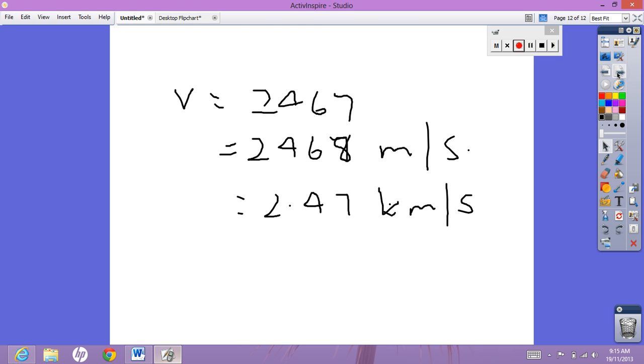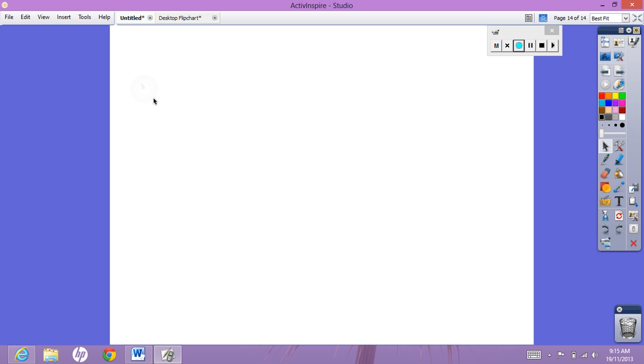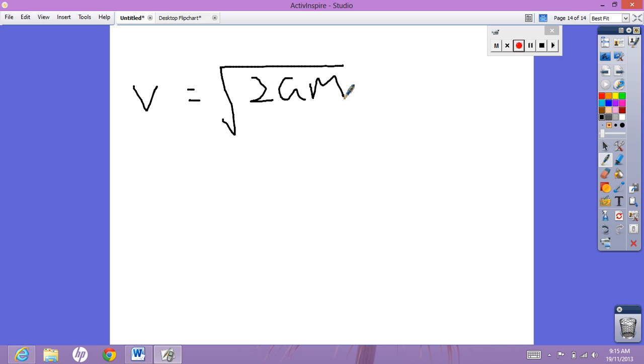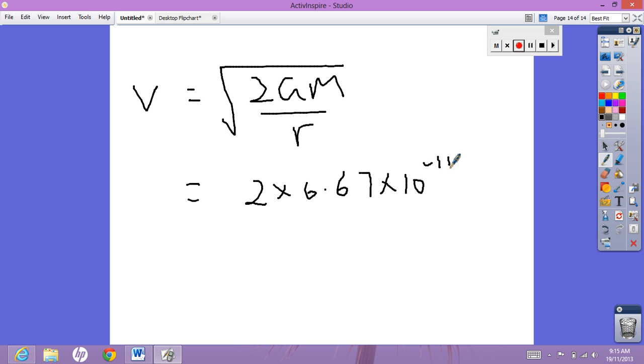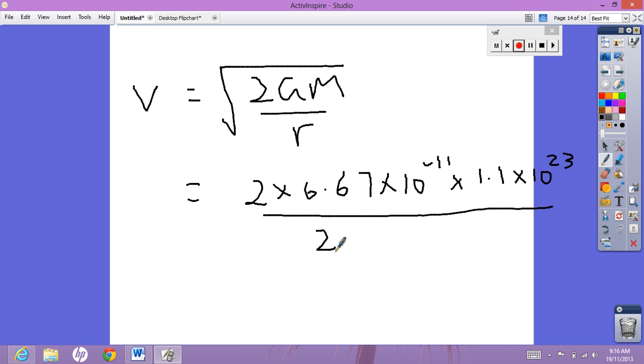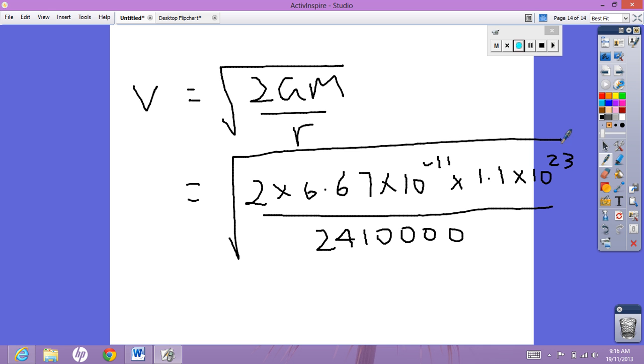So going here and using the formula V equals the square root of 2GM on the radius, and using the value for Callisto, that's 2 times 6.67 by 10 to the minus 11 times the mass, and the mass was 1.1 by 10 to the 23, over the radius, which is 2410000, that's square rooting.